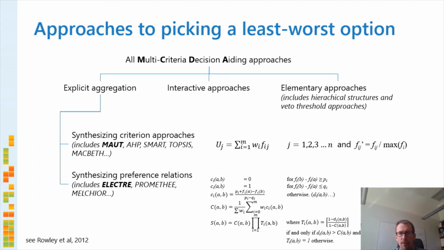I don't have time to explain the maths today, so I just put the main equations of Electre on this slide to give you a first impression. Mathematically, it looks a bit more complicated. There are ifs and thens, and you get to have more large operators in the formula than you do with MAUT. But synthesizing preference relations won't kill you. It's just algebra.